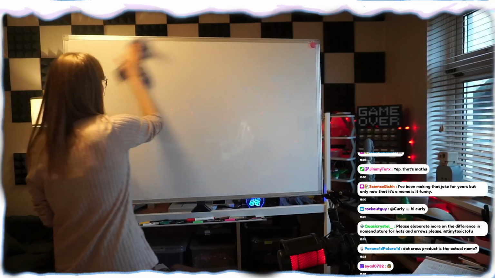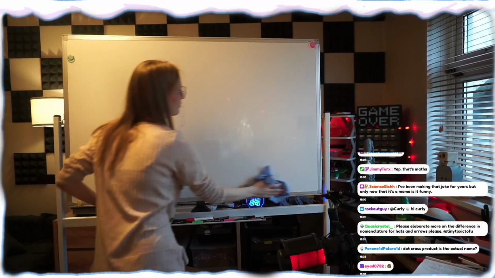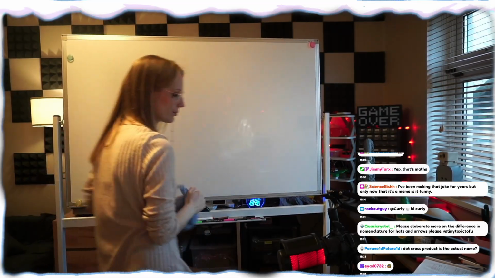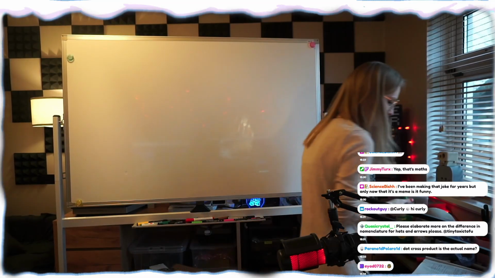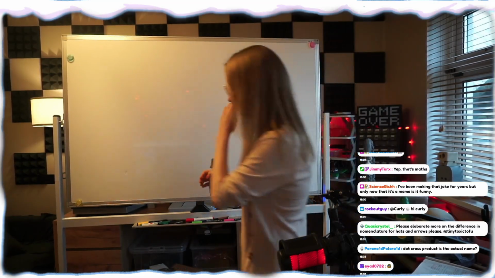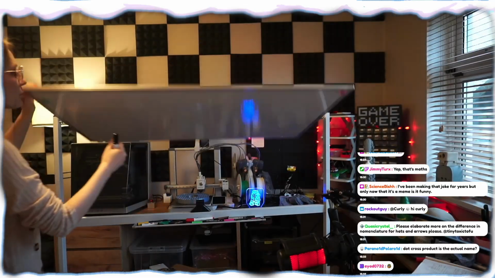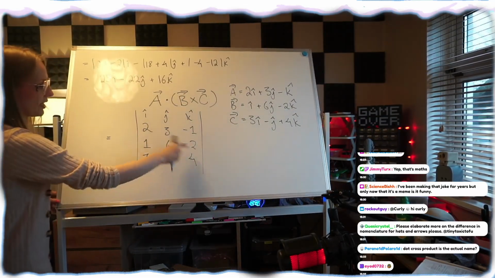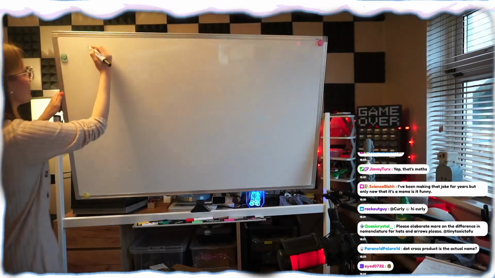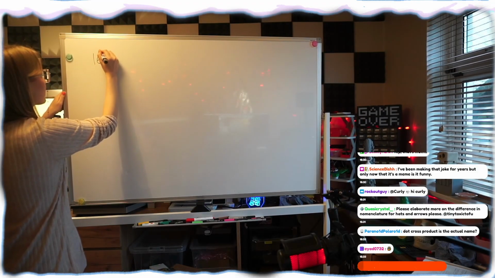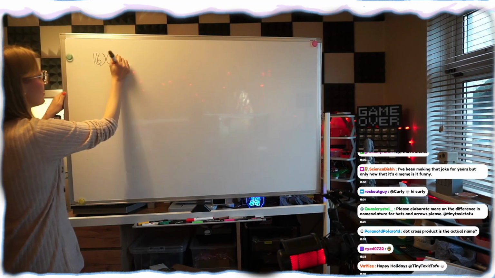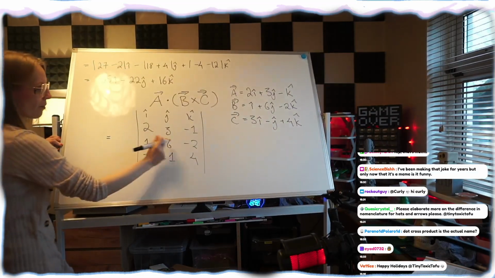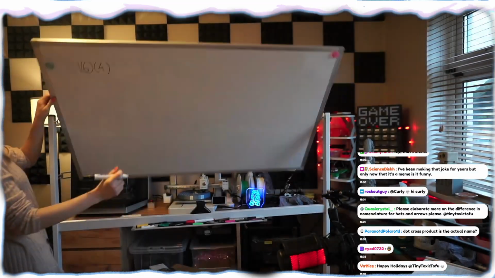Let's do the maths out for these. So what we're going to do is cross product the B and C first. Let's do that. That's 6 by 4, 6 by 4, minus 2 minus 1.